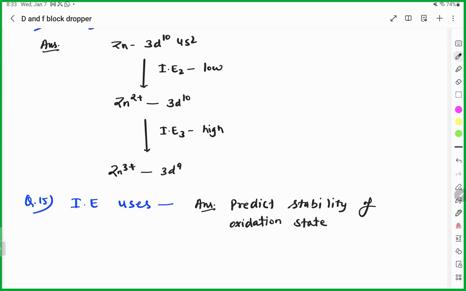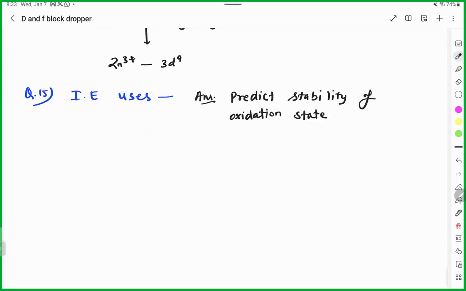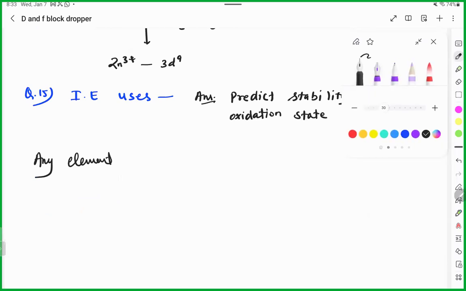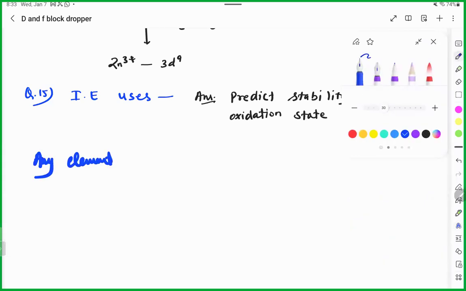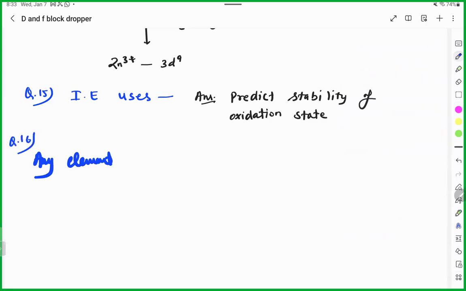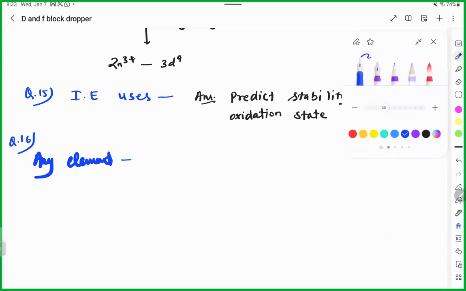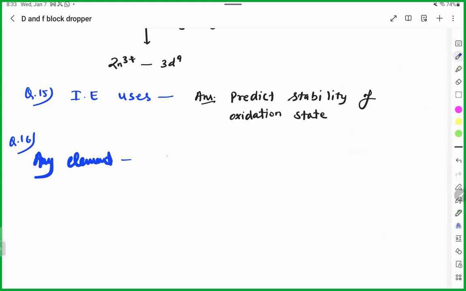Guys, example, if you are saying for any element, I will change color for this. So question number 16. For any element, you see this situation of ionization enthalpy, first, second, third, fourth, fifth. Ionization enthalpy 1, 2, 3, 4, 5.